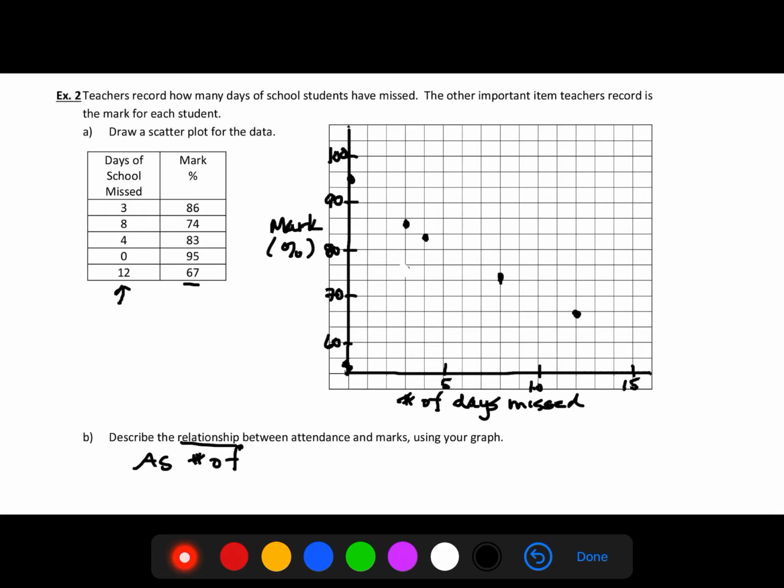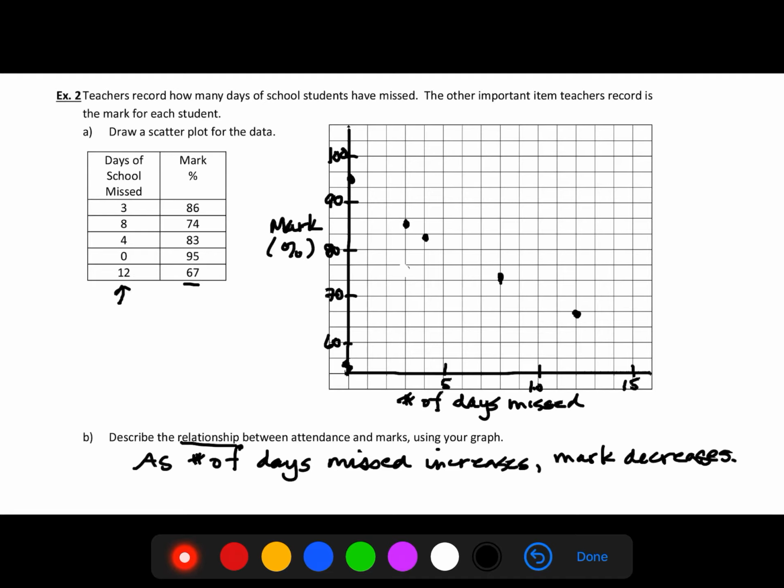Okay, so we have our points, and we notice that our points are falling to the right. Now the relationship between our attendance and marks, again: as number of days missed increases, the mark decreases. And again, that's in general.